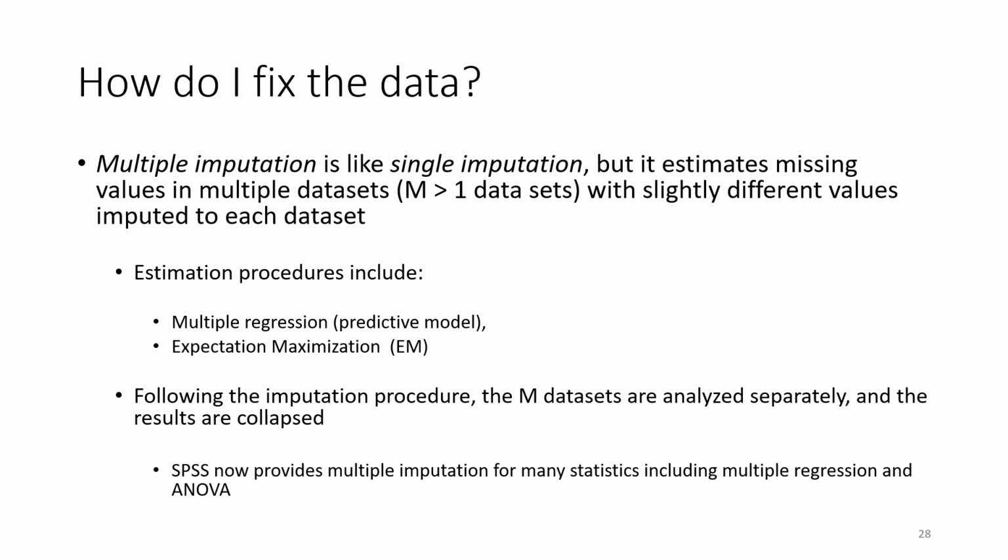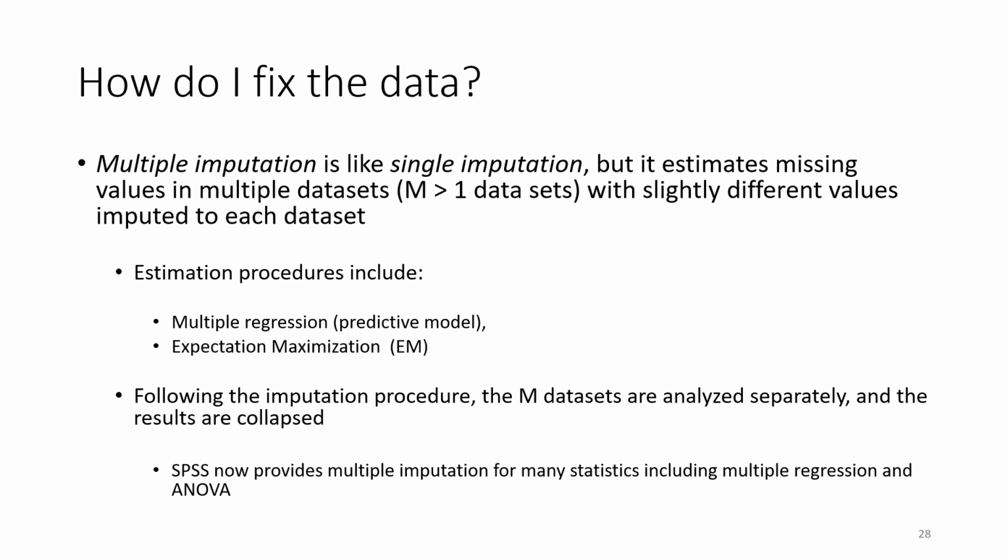The estimation procedures that are available for multiple imputation are the same as the ones that are available for single imputation. That is, multiple regression, sometimes known as the predictive model, can be used, or expectation maximization can be used. And again, like single imputation, the better of the two is largely considered to be the expectation maximization approach.